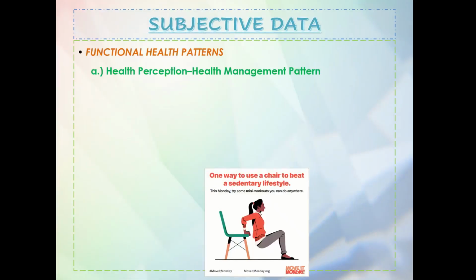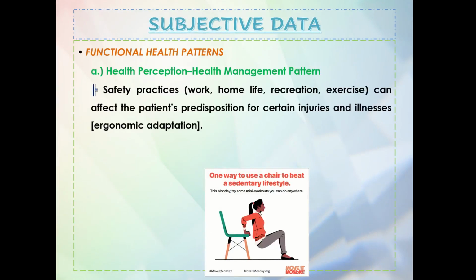Okay, next, to continue, sa health perception pa rin tayo and health management pattern. So, we ask the safety practices of the patient sa bahay, home life, recreation, and exercise, which can affect the patient's predisposition for certain injuries and illnesses. For example, kapag siya ay nasa bahay lang or work from home, di ba, na-predispose siya na laging nakaupo.